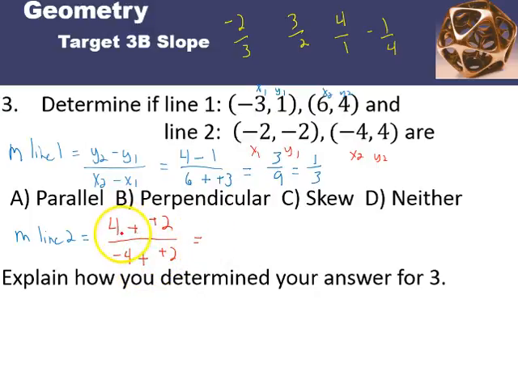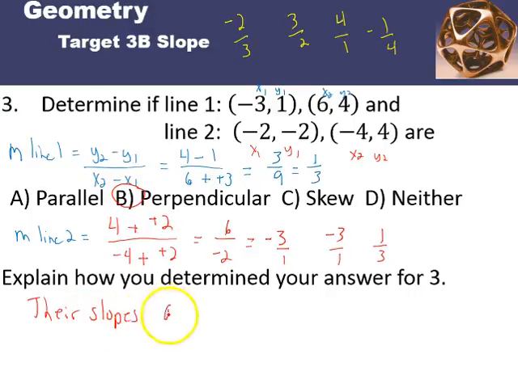So here I have positive 4 plus 2, which is 6, and negative 4 plus 2, which is negative 2, and 6 divided by negative 2 is negative 3. Now, notice that this is negative 3 over 1. Are negative 3 over 1 and 1/3 negative reciprocals? They are, so that means they're perpendicular. And the reason is their slopes are negative reciprocals.